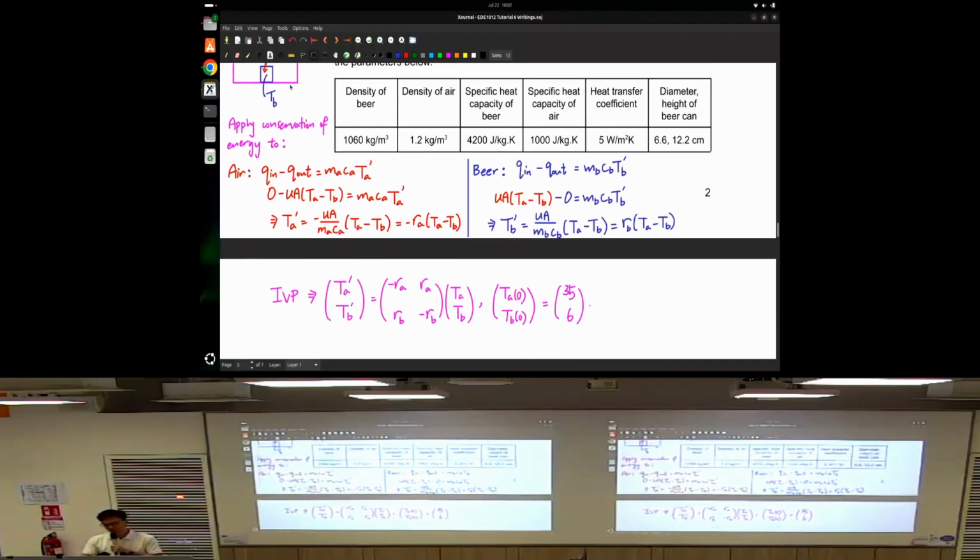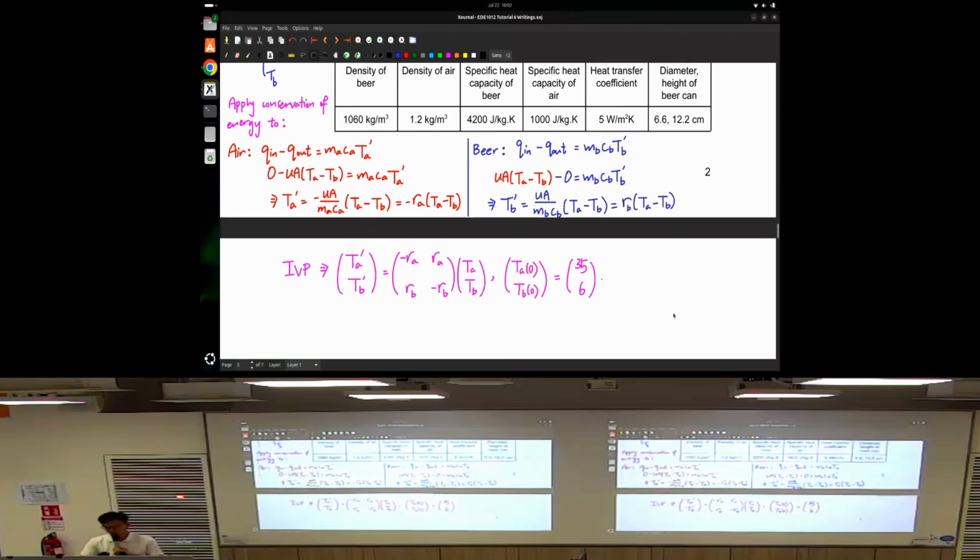Okay, because the masses, for example, if you look at the parameters given here, they give you the density. They did not give you the mass of the air and the beer, but you can calculate. But you have to calculate in a smart fashion, so I'm going to mention the RA, RB now, because if not, then you cannot get the answers given.